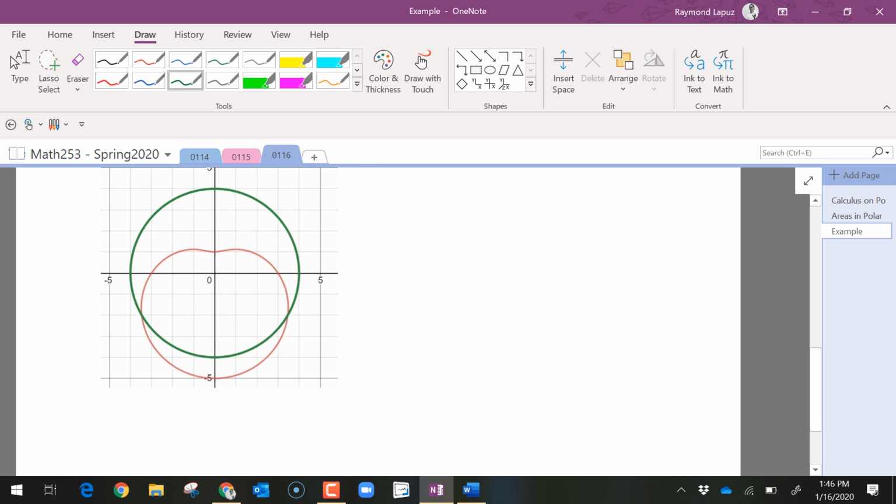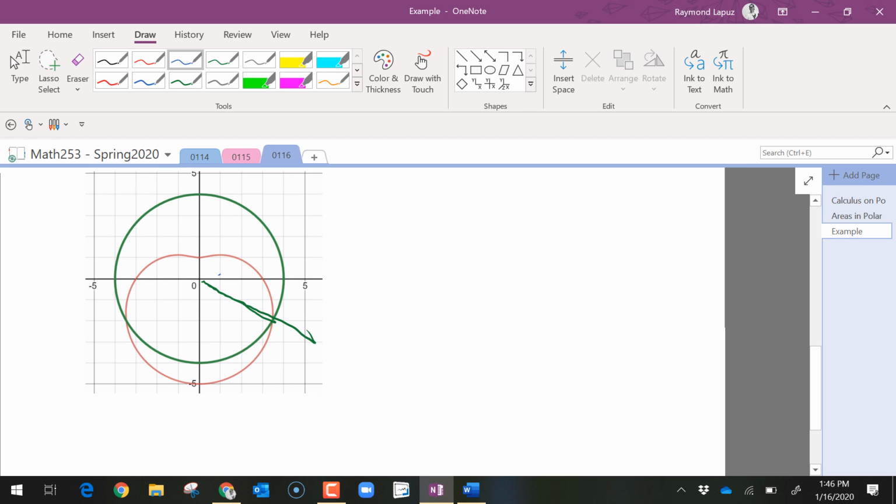So if you go from negative pi over 6, you're actually starting here. I need a different color. And then if you want to go from negative pi over 6 to 7 pi over 6, and 7 pi over 6 is here, you're actually looking at this area over here. And you're looking at this area.